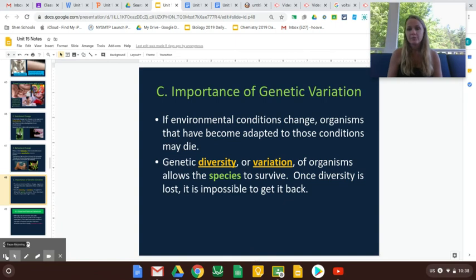So again, evolution is change over time due to some surviving better than others. We have structural changes, behavioral changes, and functional changes. And none of that would be possible if we didn't have diversity and variation. If you didn't have one walrus that was more aggressive than the other walrus, you wouldn't have survival of the fittest.